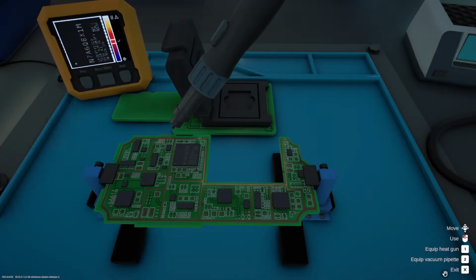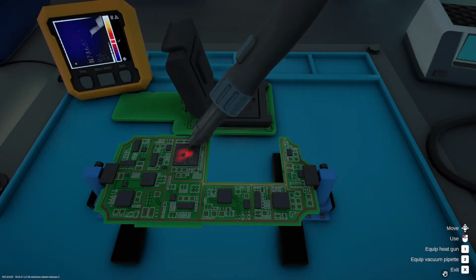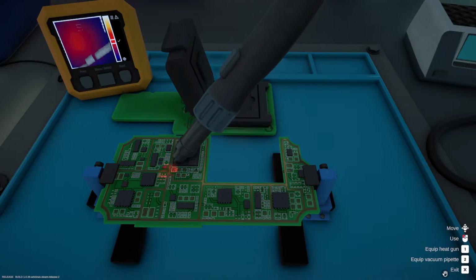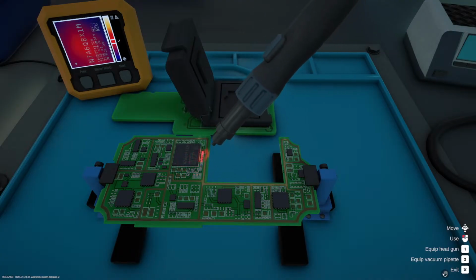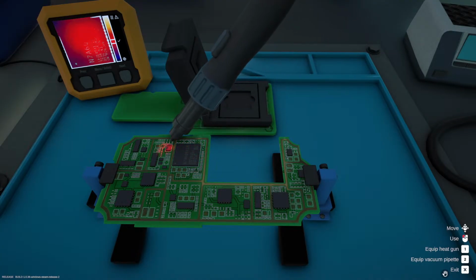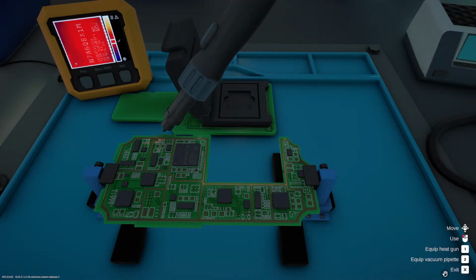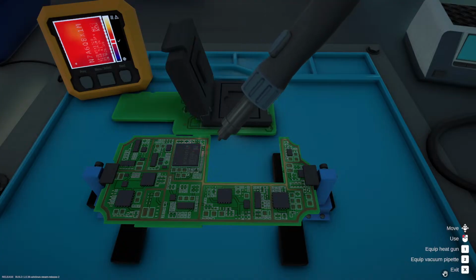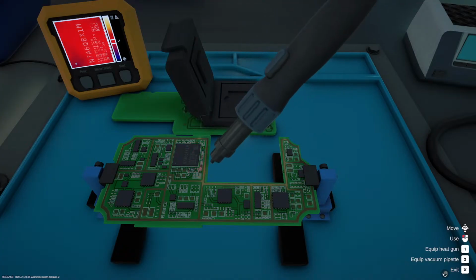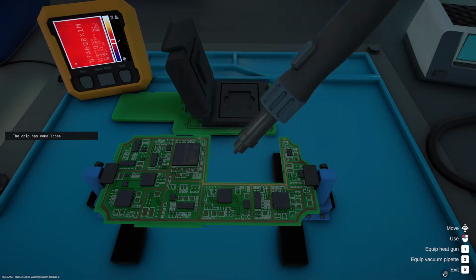Alright, let's work on the flash drive. Gotta try to loosen this thing up safely. There we go.